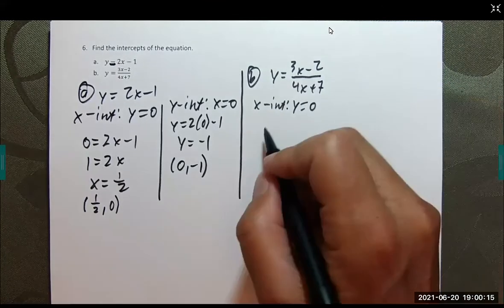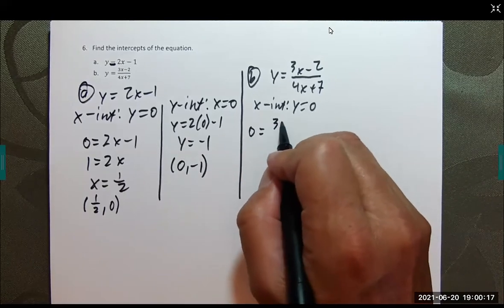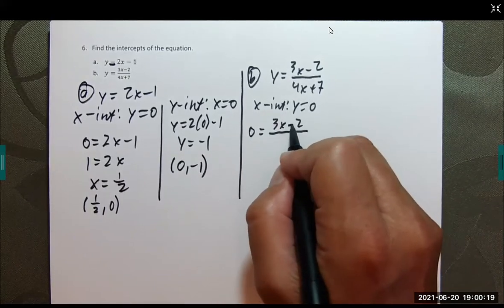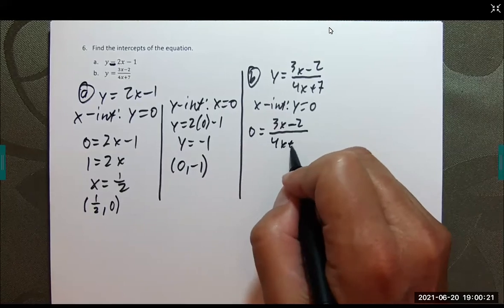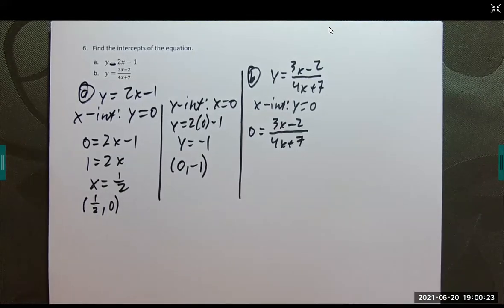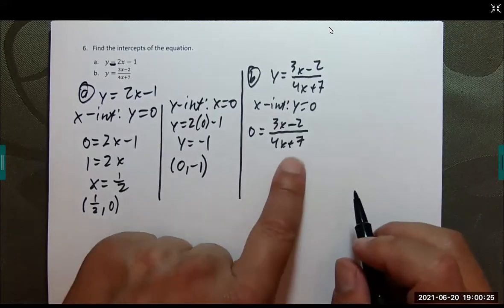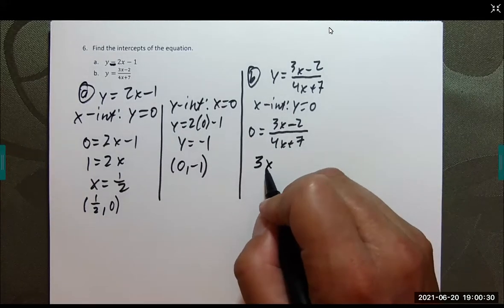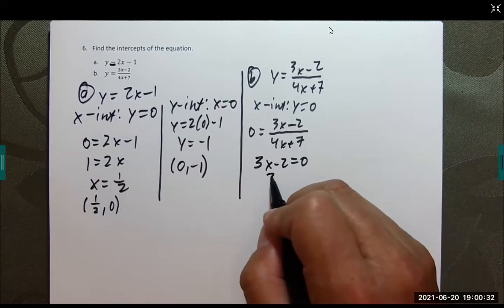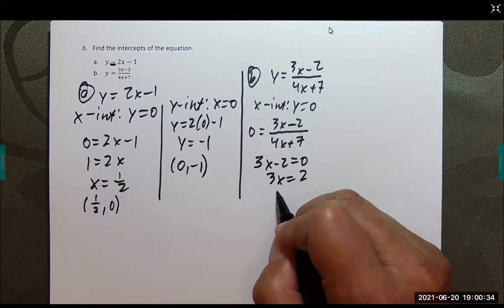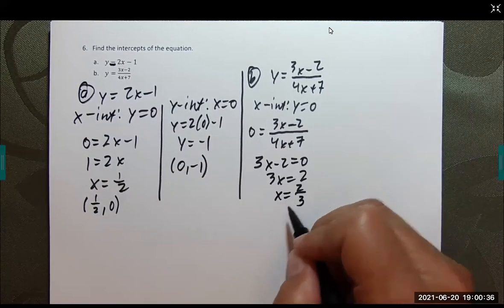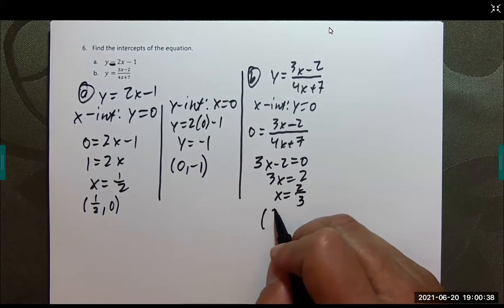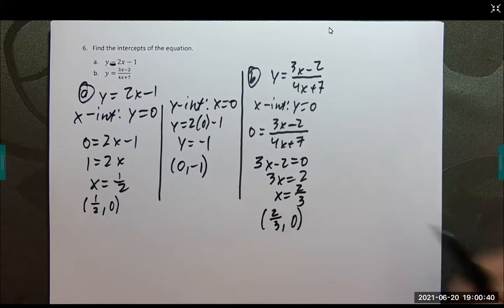So we get 0 equals 3x minus 2 over 4x plus 7. If I multiply through by the LCD, this time 0 is 0. So we end up with 3x minus 2 equals 0. So point 2/3, 0 is the x-intercept.